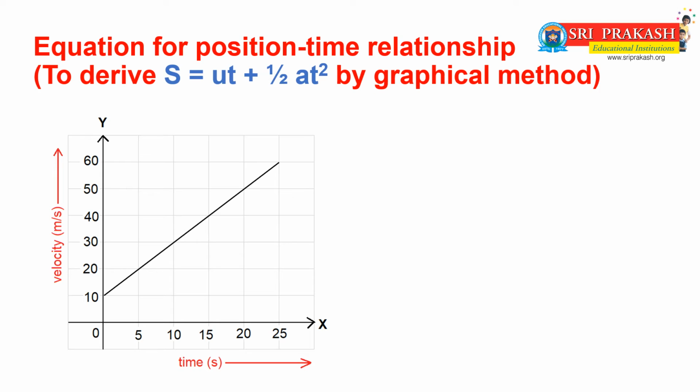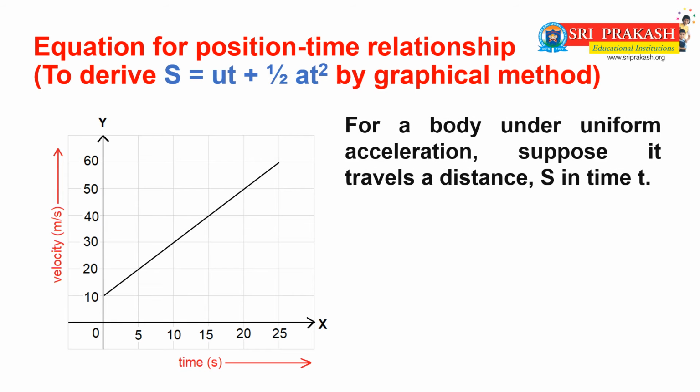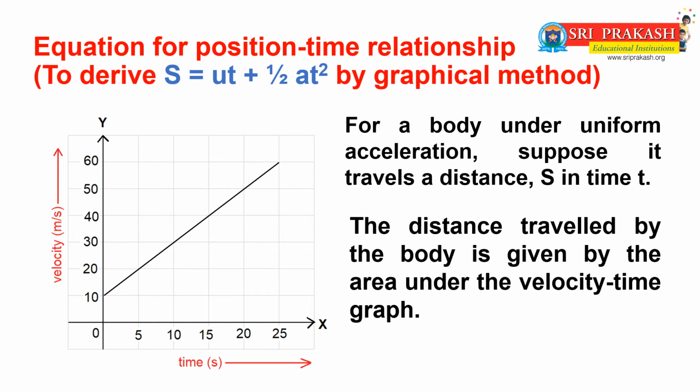Derivation of second equation of motion, s = ut + ½at². For a body under uniform acceleration, suppose it travels a distance s in time t. The distance traveled by the body is given by the area under velocity time graph.